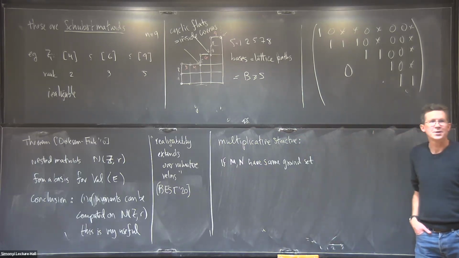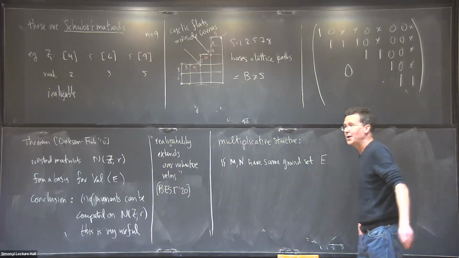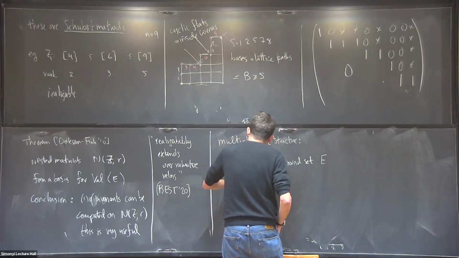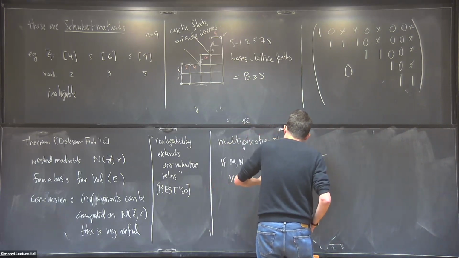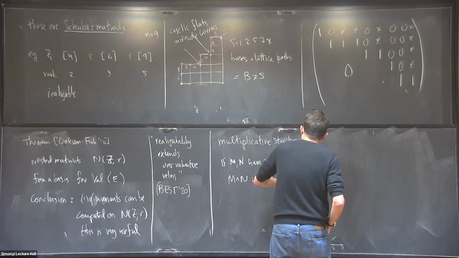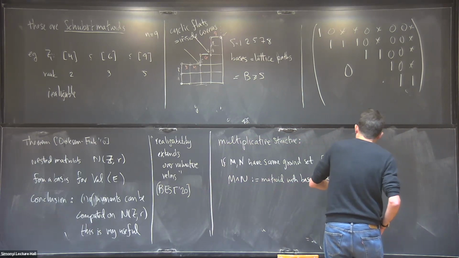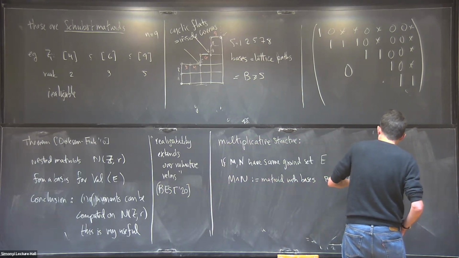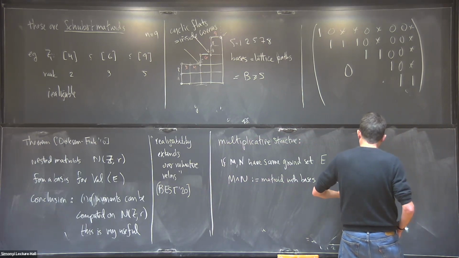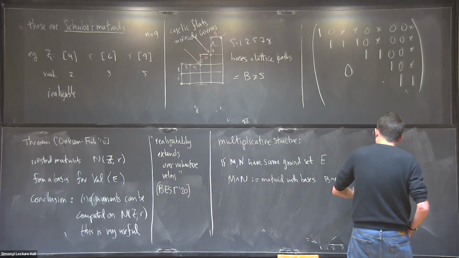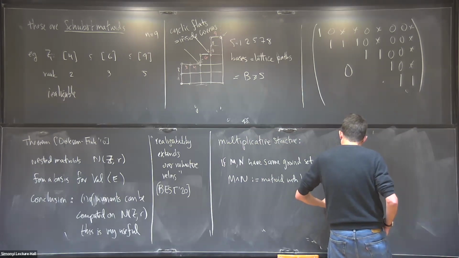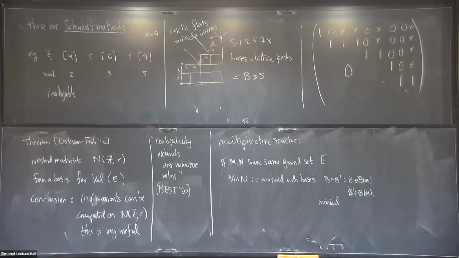So if you've got two matroids on the same ground set, which is still always E, I can compute the matroid intersection, which is a matroid by definition whose bases are intersections of bases from the two matroids.